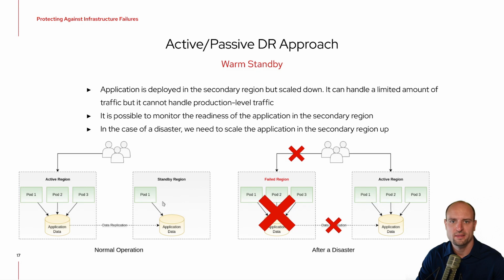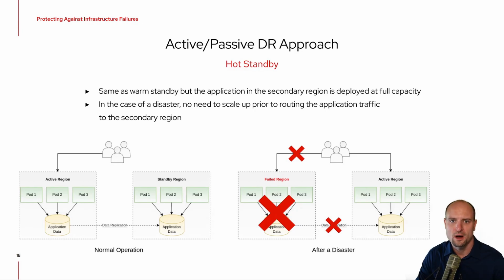This brings the benefit that we can monitor the application in the secondary region for readiness, for example, using synthetic monitoring tests. The failover into the secondary region is less risky because we know based on our checks that at least some basic functionality works in the secondary region. Before we can reroute the traffic from the primary to the secondary region, we will need to scale up the application in the secondary region.